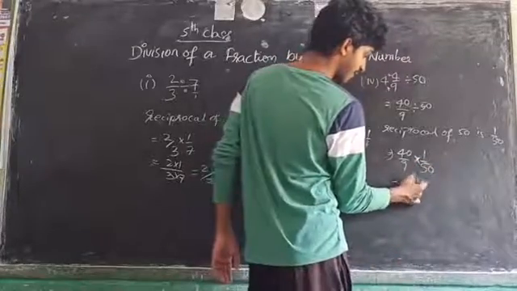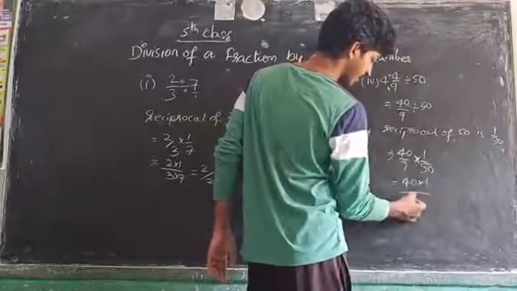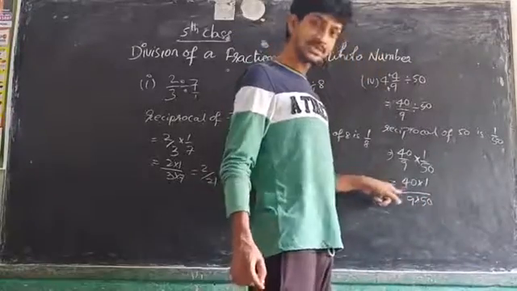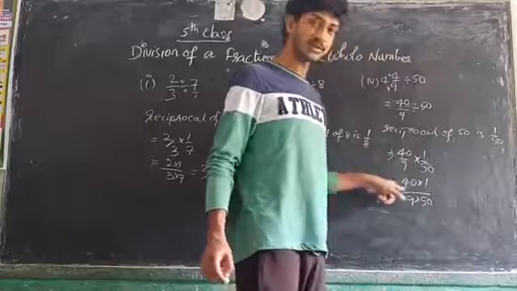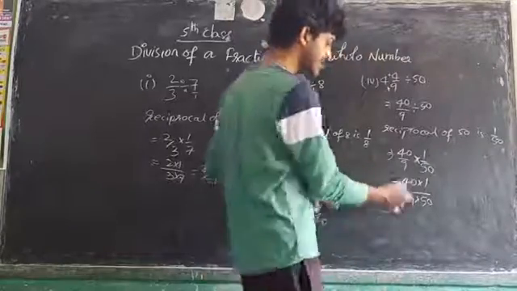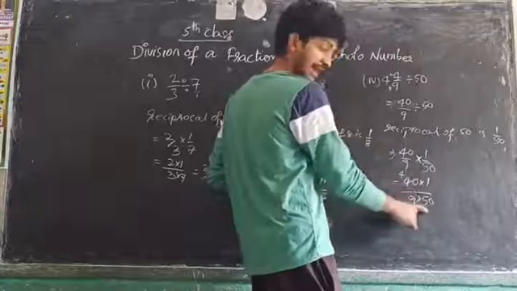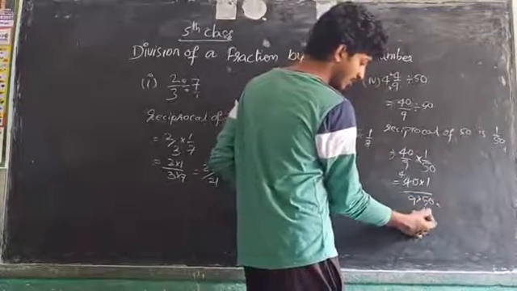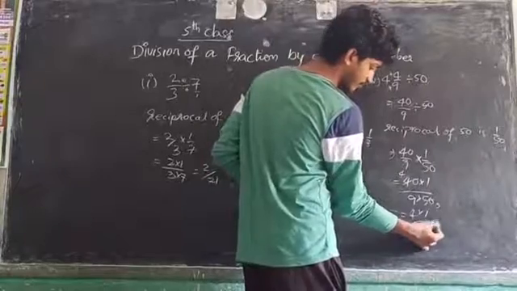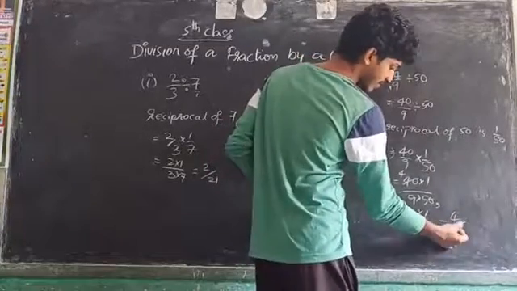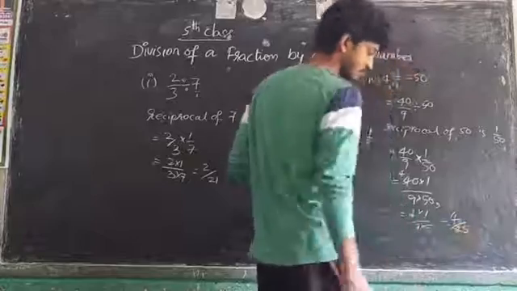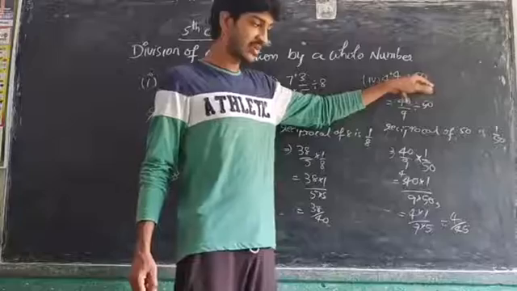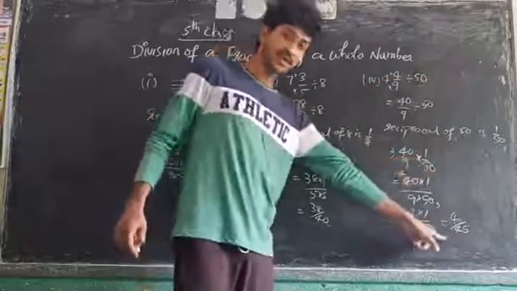So 40 into 1 divided by 9 into 50. See here, it is a multiple of 10. 10 fours are 40, and 10 fives are 50. So 4 into 1 divided by 9 into 5. 4 ones are 4, 9 fives are 45. Okay children, if you divide 4 by 9 by 50, then the answer is 4 by 45.